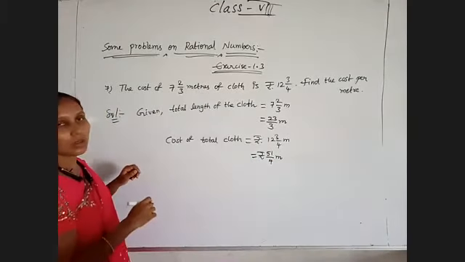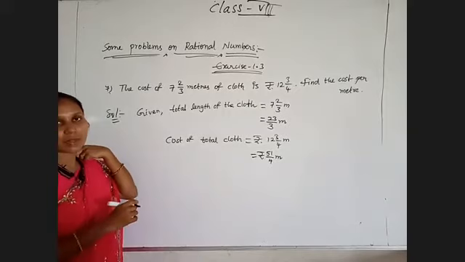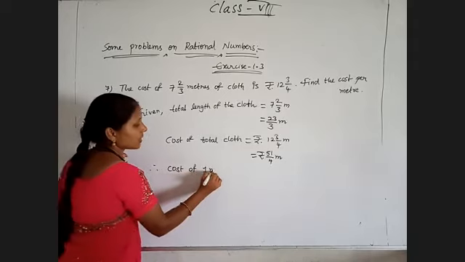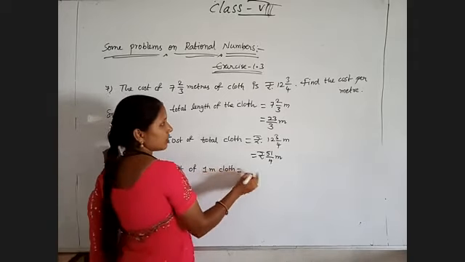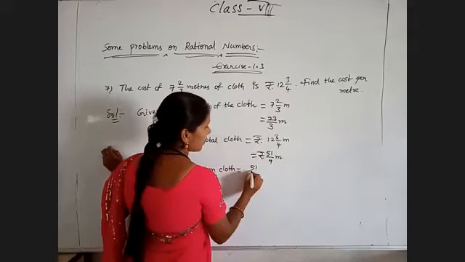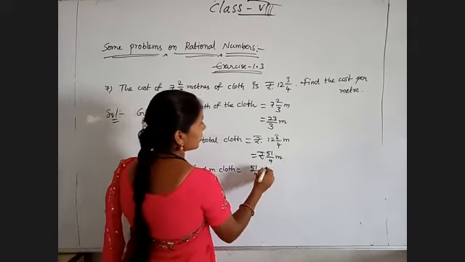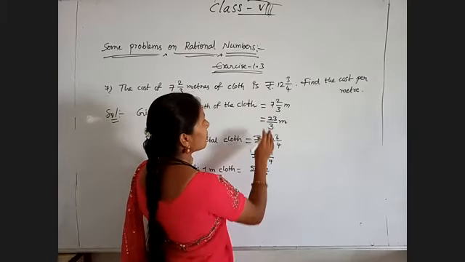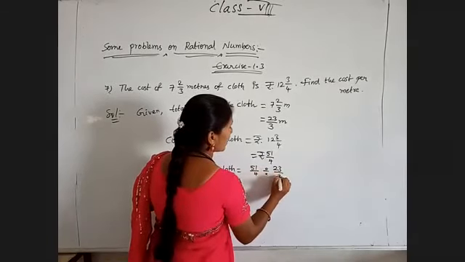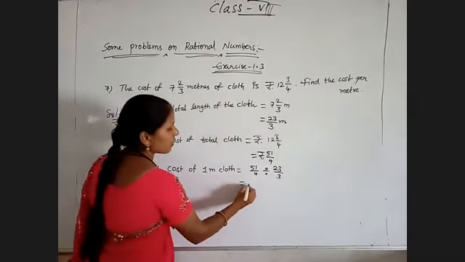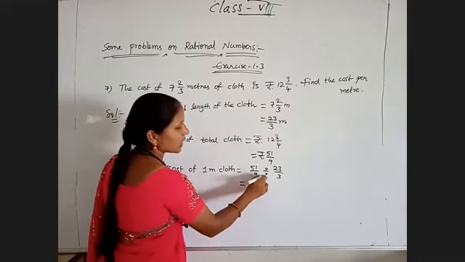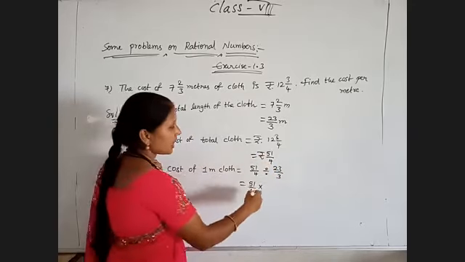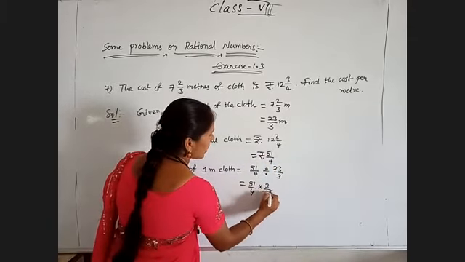Okay. Now what we have to do is find the cost per meter. So therefore cost of 1 meter of cloth is equal to total cost, 51 by 4, divided by 23 by 3. Okay, so which will be equal to 51 by 4. Division I am changing into multiplication by taking the reciprocal of the next number, that is 3 by 23.